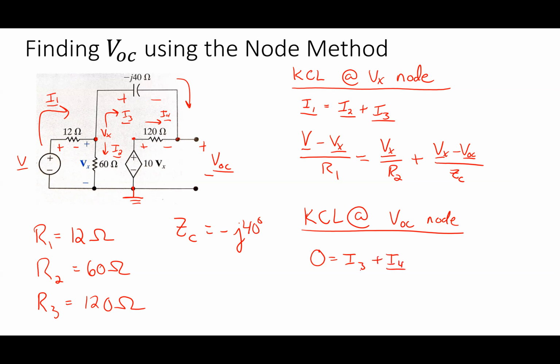All right. So how do we do that? How do I do the I3? You got it. Vx minus VOC divided by Z sub C. What about I4 there?